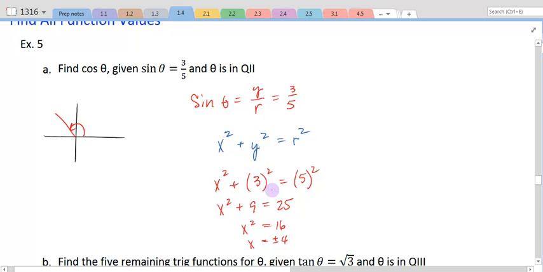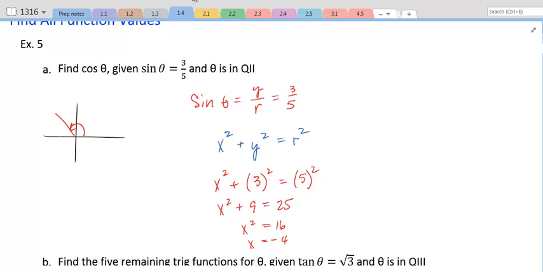This is where it's important that we drew a picture and we know what quadrant my theta is in. If theta is in quadrant 2, which is over here, then the x values for this quadrant have to be negative. So then I know that x is equal to negative 4.